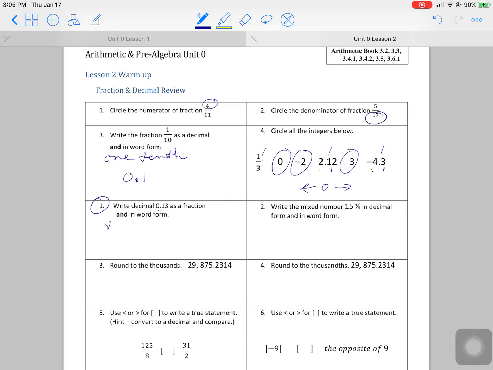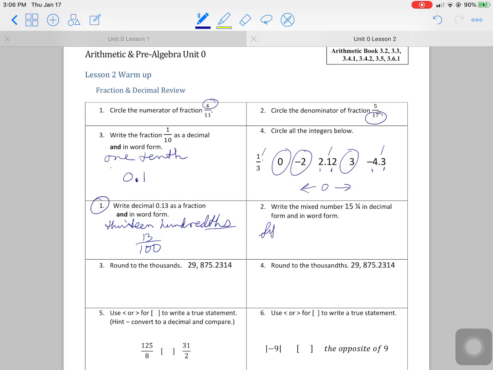So this is 13 hundredths. Make sure you get that TH on the end. So 13 hundredths.